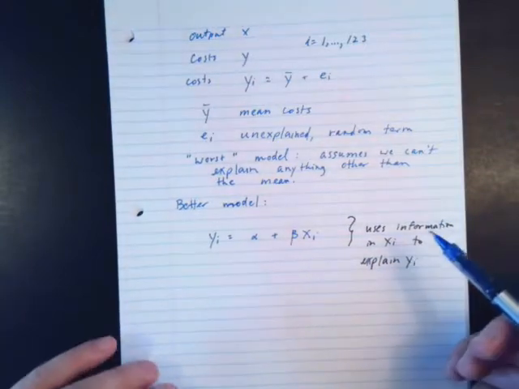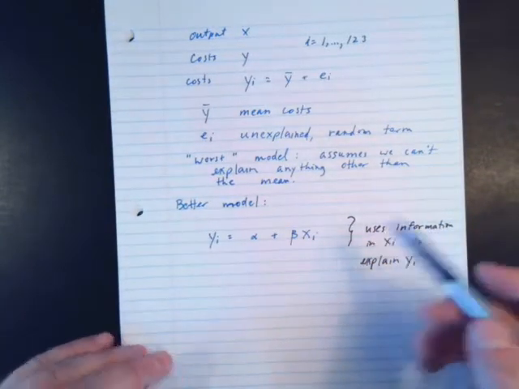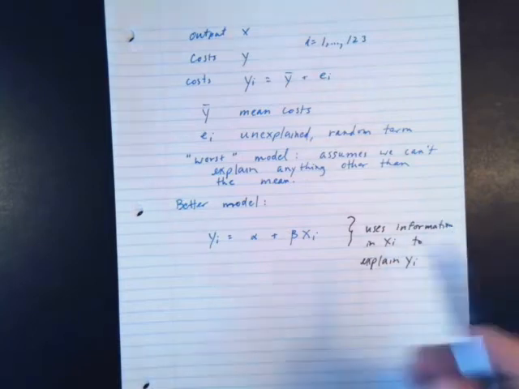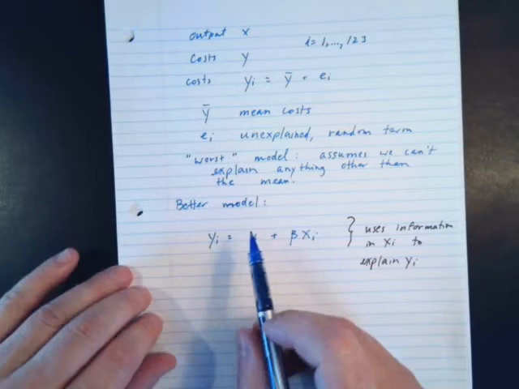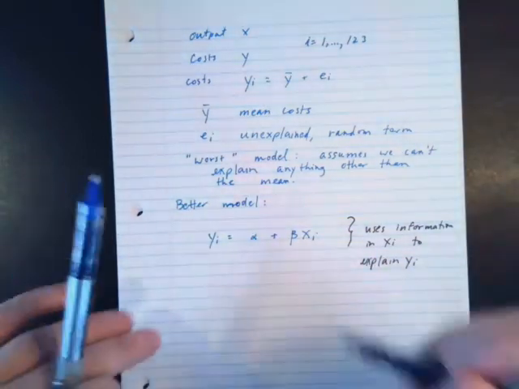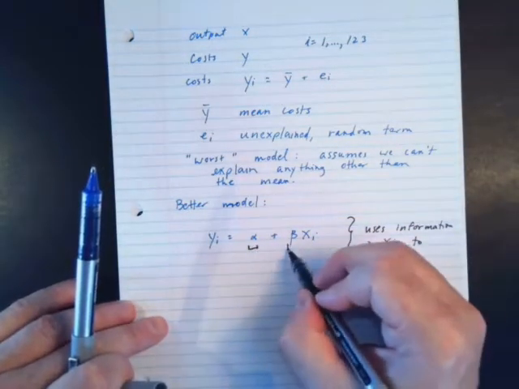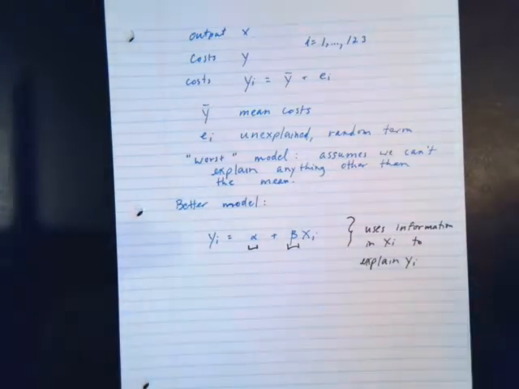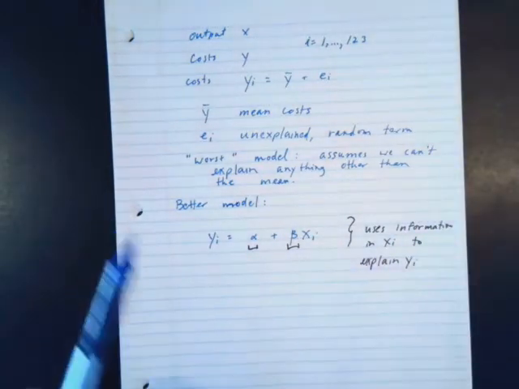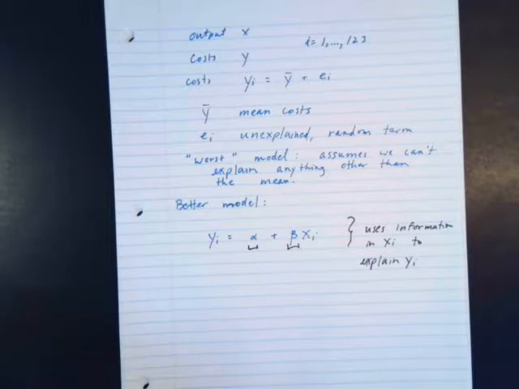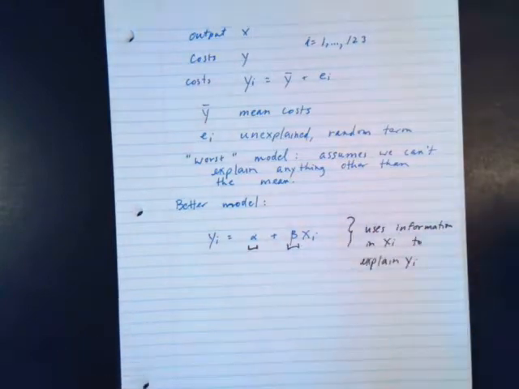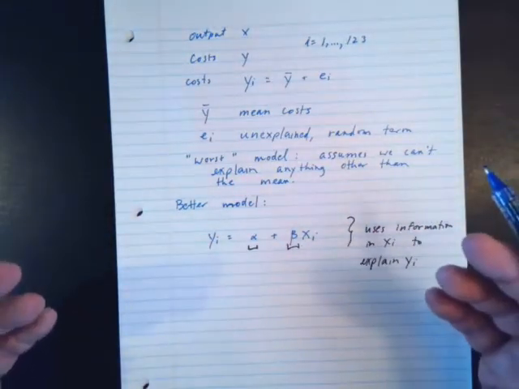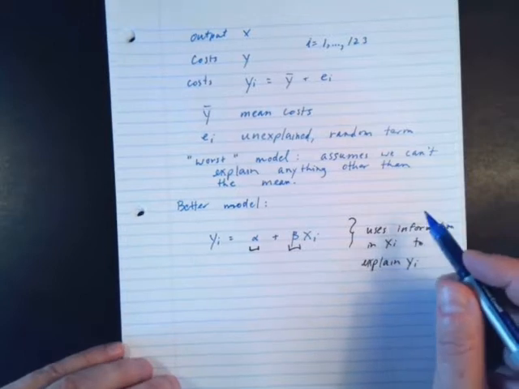It may be a more complicated function than this, but we're going to assume it's a linear function. And so, given this function, then we would need to use the data to pick the values of alpha and beta that make the most sense. And we can be more precise than that. We can say, let's pick the values of alpha and beta that will minimize the sum of the squared errors that we make. All right, so keep that in mind.